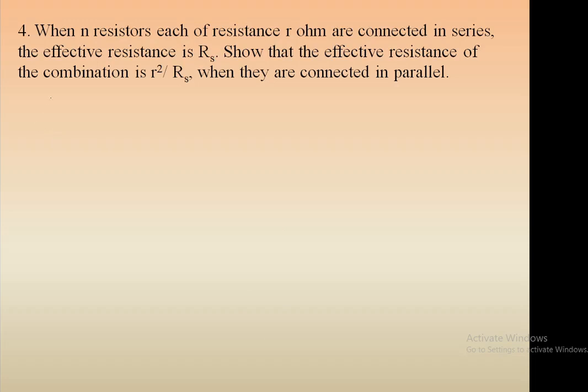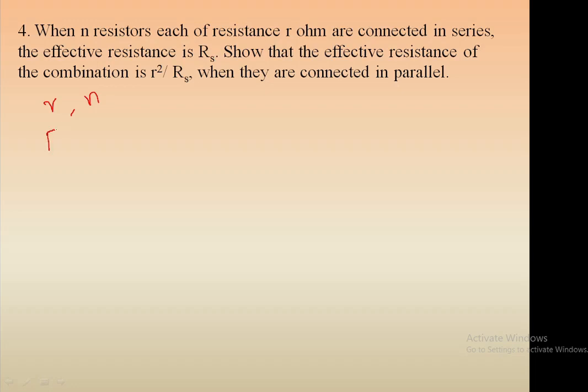Show that the effective resistance of the combination is r square by Rs when they are connected in parallel. So we have n number of resistors of resistance small r. So the effective resistance in their series combination is Rs.